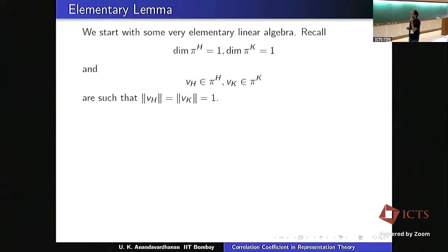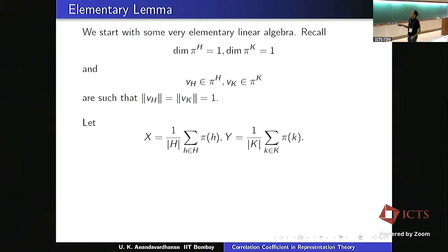Recall again this is the situation. This is any finite group and any two subgroups, because what we are doing has nothing to do with GL2. So you have a finite group G and two subgroups H and K, with one-dimensional fixed vectors for both. Recall that we fixed an inner product and normalized these to be of unit norm.